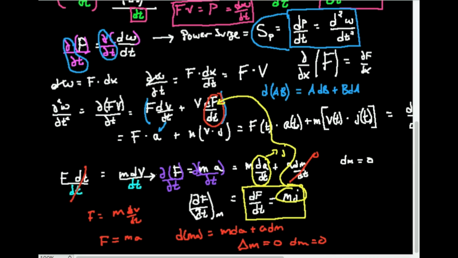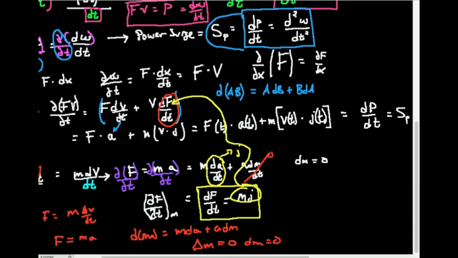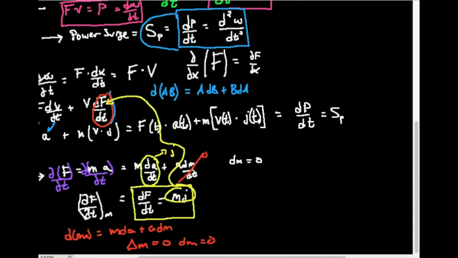So this is going to be m times v times j. Just rearrange it a little bit, okay? So now I have force as a function of time, times acceleration as a function of time, plus m times velocity as a function of time times jerk as a function of time, okay? And that is how we would calculate the power surge, okay?